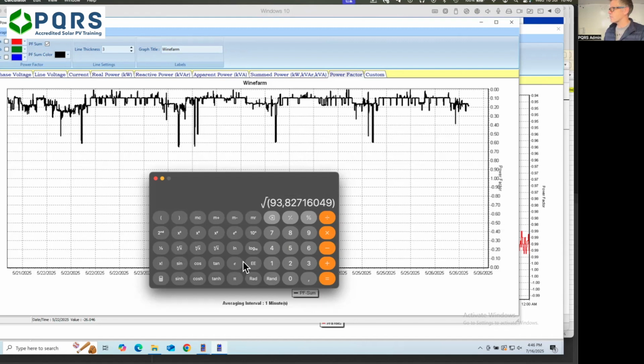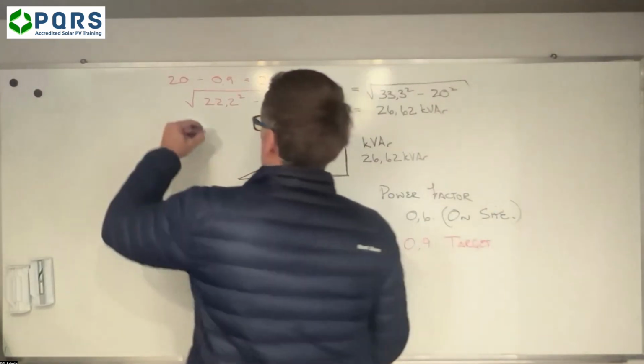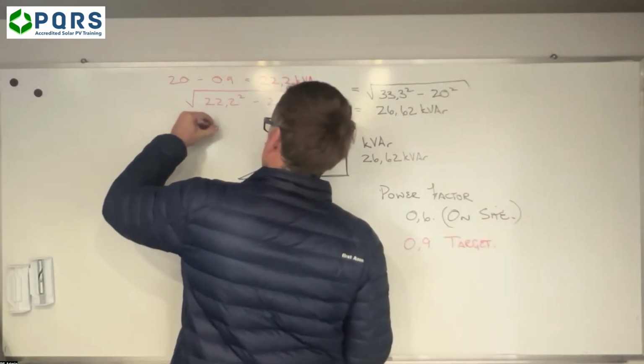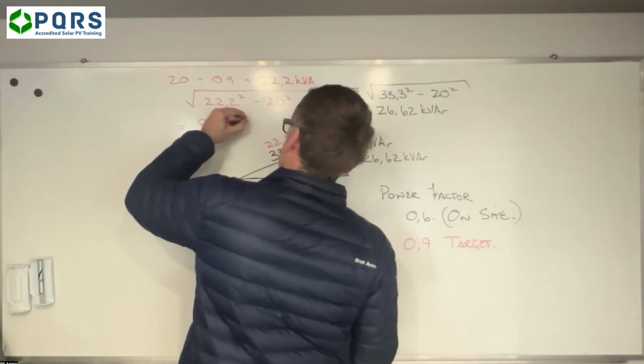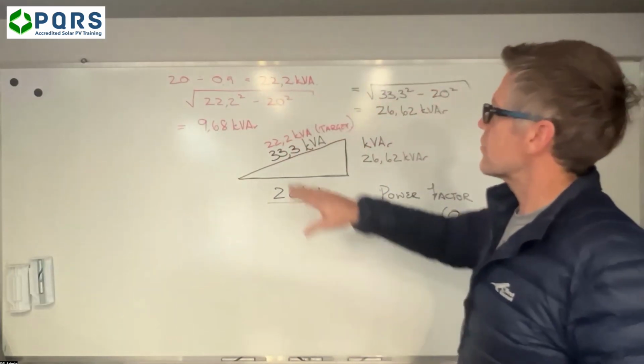We'll get the square root of that, and that would be a value of 9.68. So 9.68 kVAr is the targeted reactive power that we want.